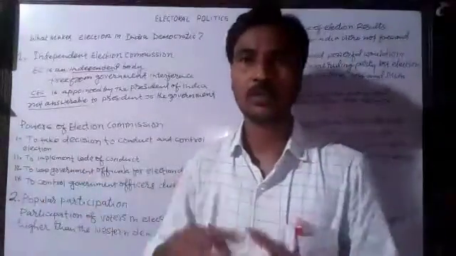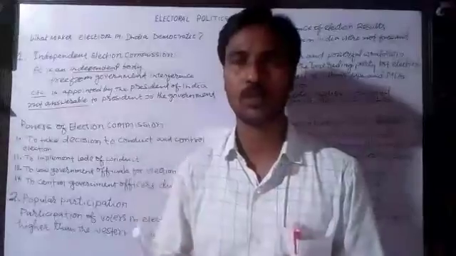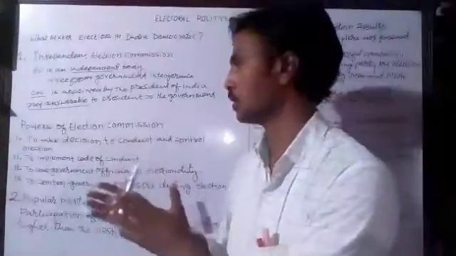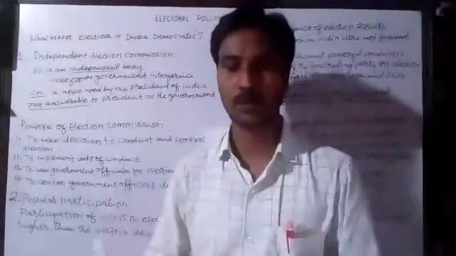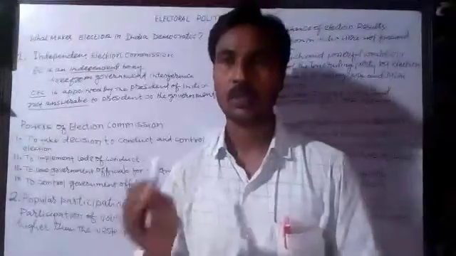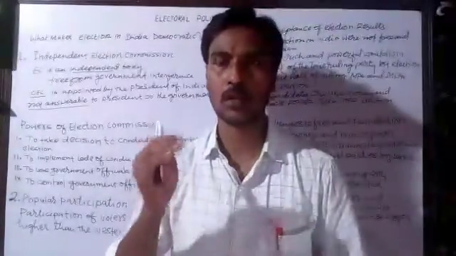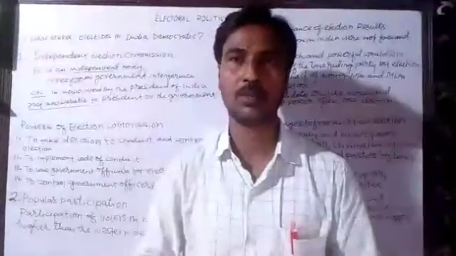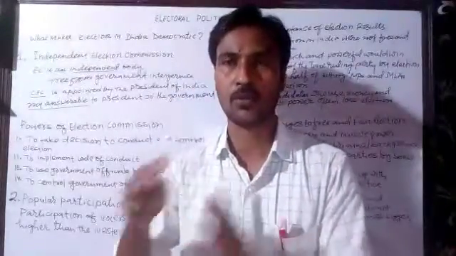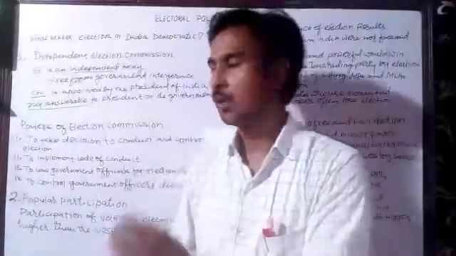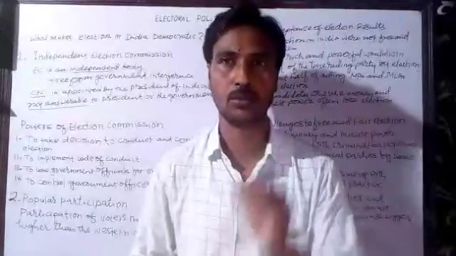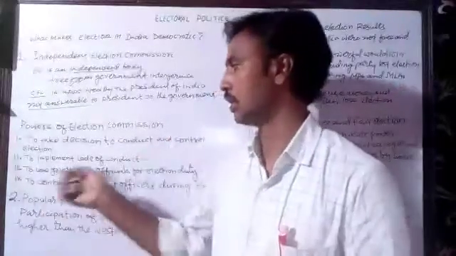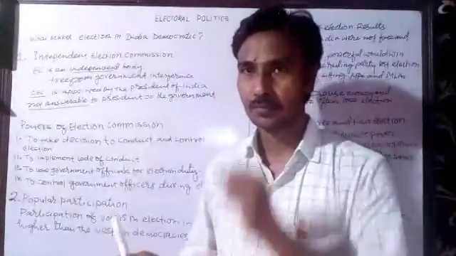Election commission makes the rules and regulations, the laws for the elections. There are certain rules and regulations which all the political parties and all the candidates have to follow during the time of elections, and those laws are made by the election commission.